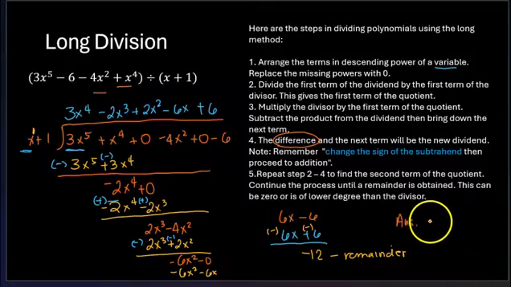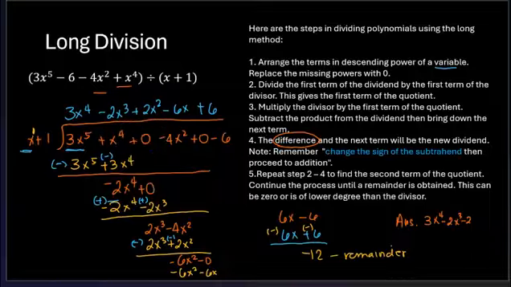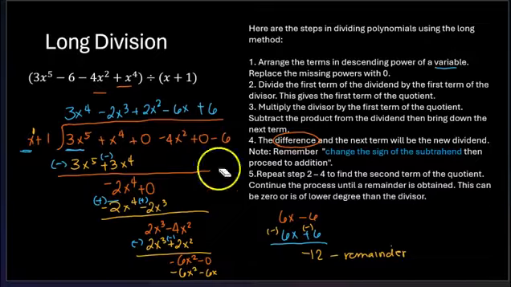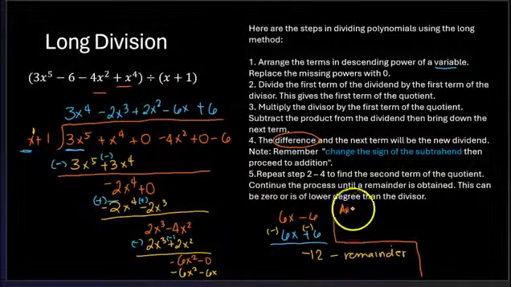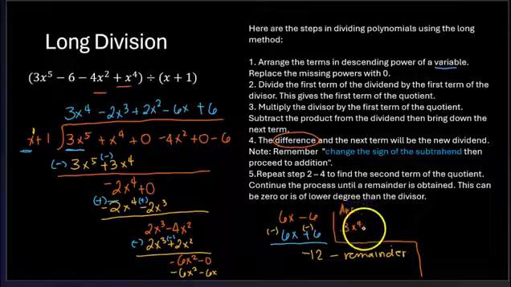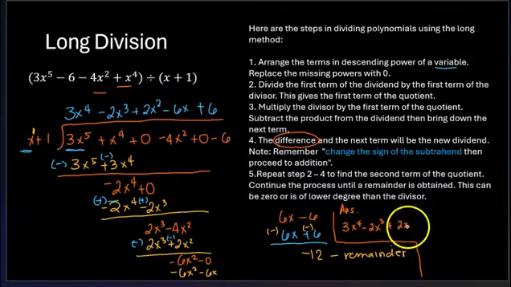So that's a very long value, 3x to the 4th minus 2x cubed minus, it's a very long answer. I just want to show you how to write the remainder properly. Okay, so the answer is 3x to the 4th minus 2x cubed plus 2x squared minus 6x plus 6.